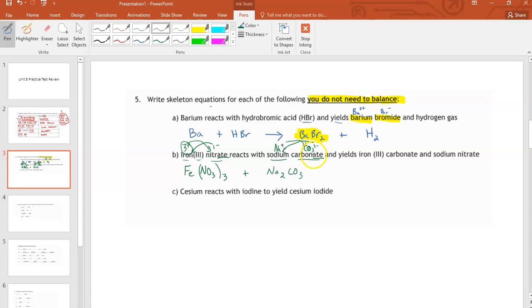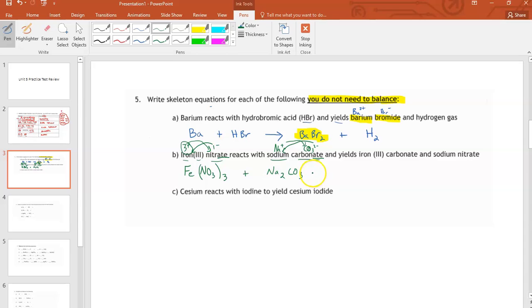Now notice that 3 is a part of the carbonate polyatomic ion. So I don't change that number at all. Carbonate is CO3. So if it says carbonate, I have to put the 3 oxygens with the 1 carbon. If I needed to add a subscript, I would put parentheses around it and then put the subscript. That's something you should know by now.